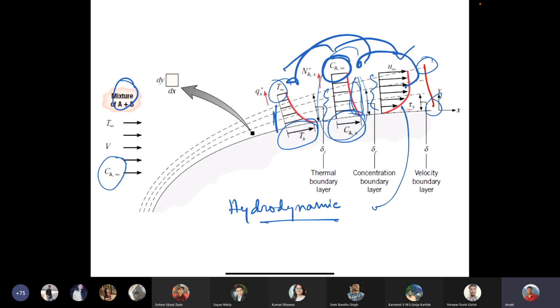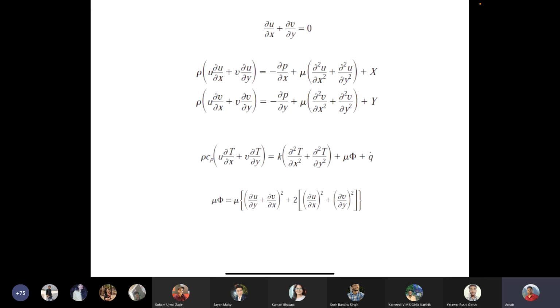So now we will try to understand the governing equations of the boundary layer. Before going into that, do you remember the Navier-Stokes equations? Yes, sir. Okay. Can you roughly tell me, not the expression or term by term, but what are the things on the left hand side of the equation and on the right hand side?